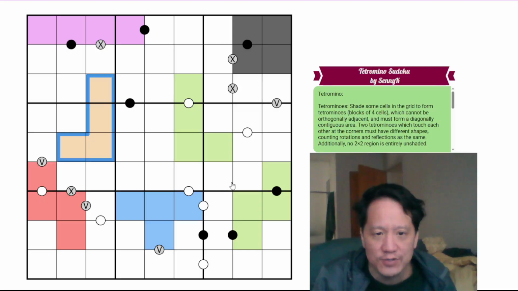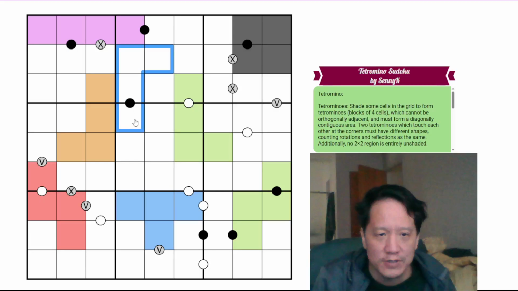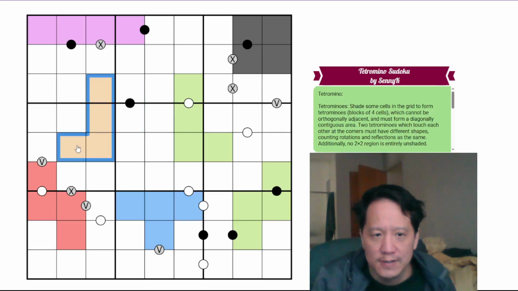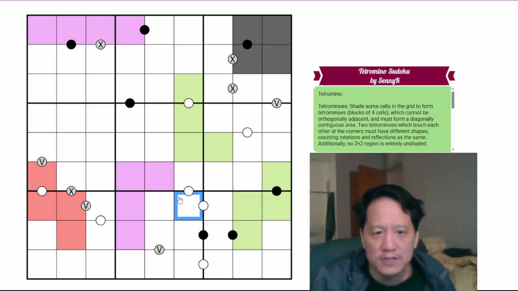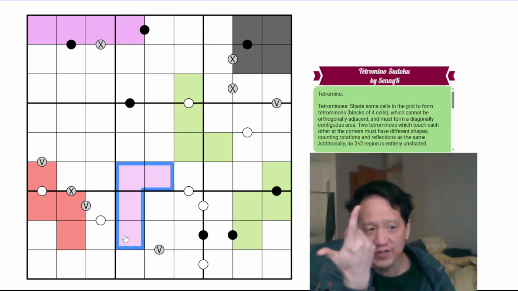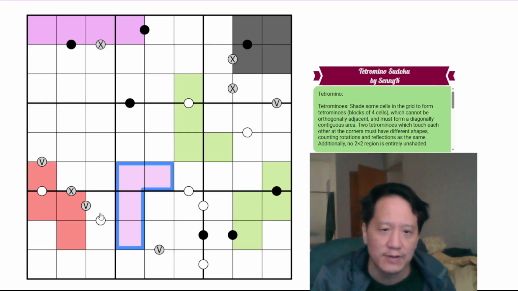So you could not have something like, I'm trying to think of something here. You could not have something like this here, because this is an L and this is a J rotated, but if you reflect it, obviously it's the same thing, right?